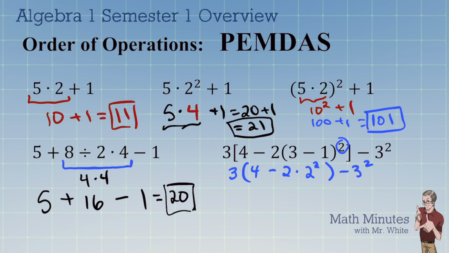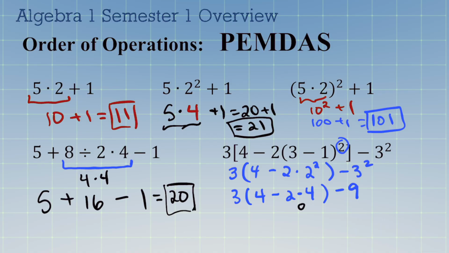Now we do any exponents. 3 times 4 minus 2 times 4 minus 9. Now we still have parentheses, right? So we're still working inside that parentheses separately, I guess I should have said. So that 2 times 4 is the next thing we have to do right there, and that's going to be 8.